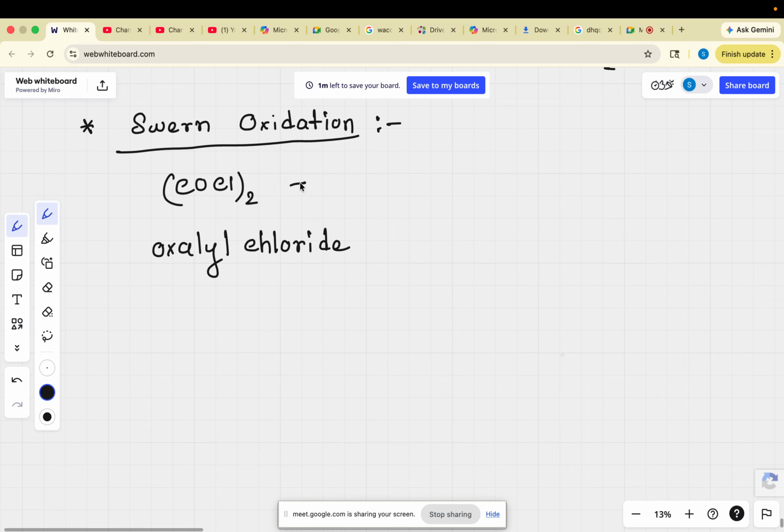Oxalyl chloride. Plus you have DMSO, dimethyl sulfoxide, plus you have triethylamine. Triethylamine is acting as a base. So these are the reagents you have to use: oxalyl chloride, DMSO, dimethyl sulfoxide, and triethylamine.